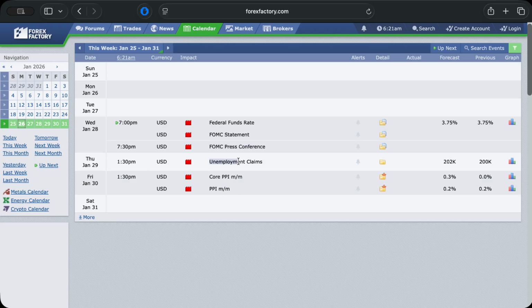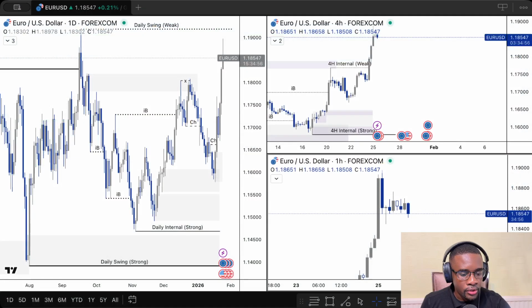On Thursday we have unemployment claims, and then on Friday we have core PPI. So we can expect that the move for the week will probably take place on Wednesday. Monday, Tuesday may just be preparing for Wednesday. All right, so let's take a look at the charts.